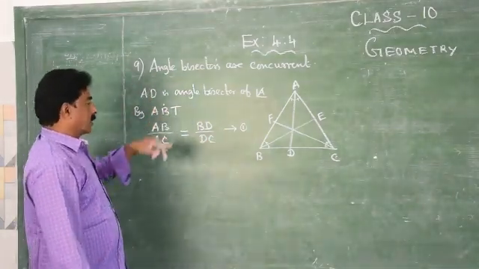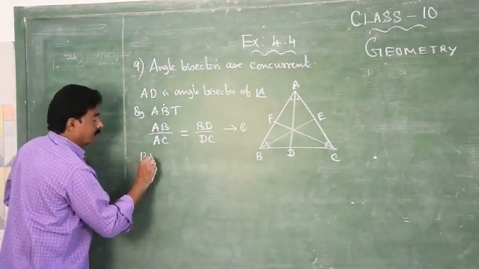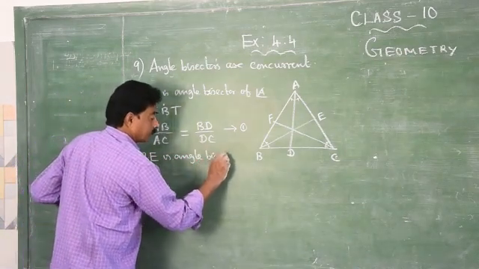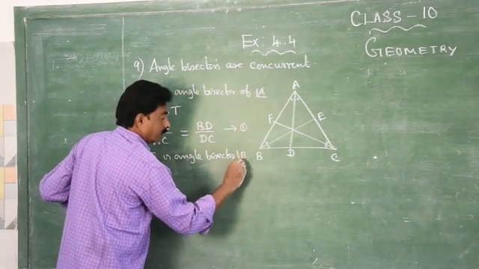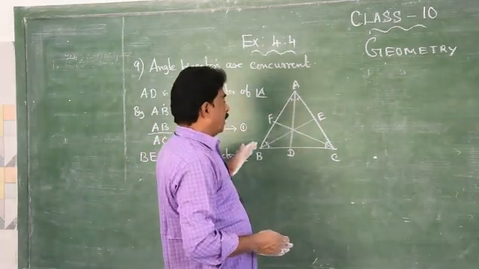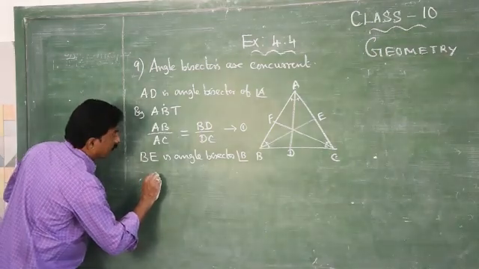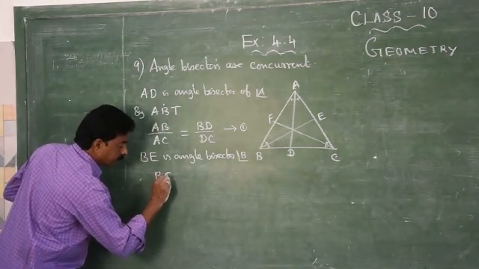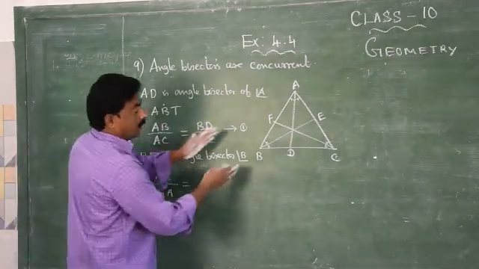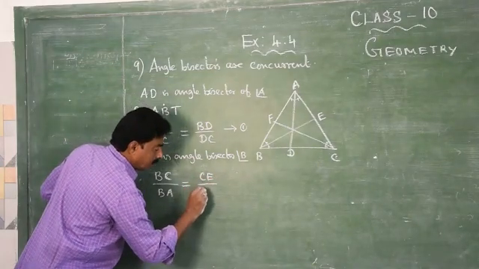Using the angle bisector theorem, in the same way, BE is the bisector of angle B. So BC by BA is equal to CE by EA.